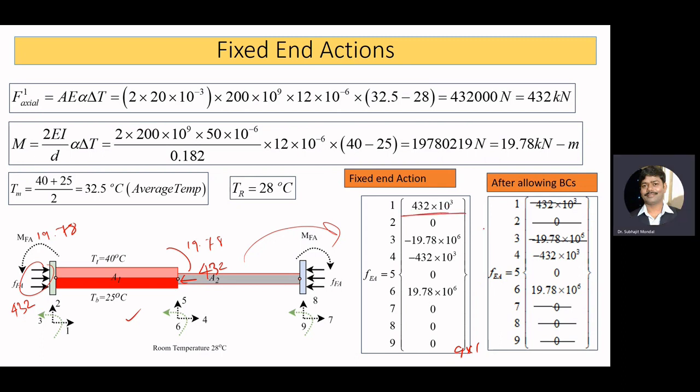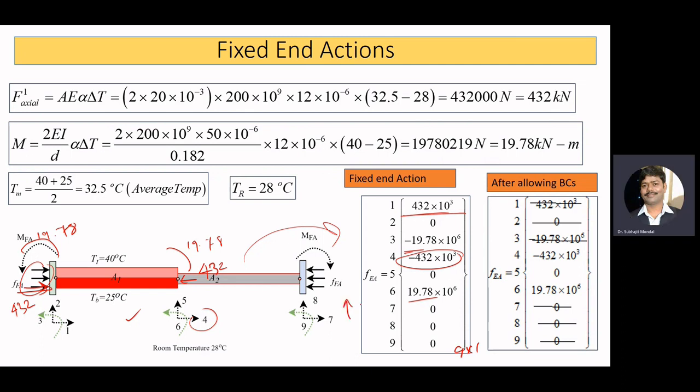We'll have the force at degree of freedom 1, written in this positive direction, so at the 4th degree it will be negative in nature. The moment here we write with a minus sign, 19.78, and here positive 19.78, and the rest of the values are 0.